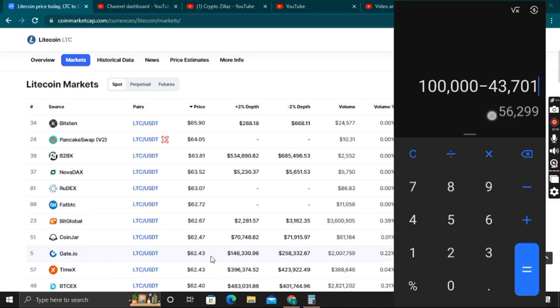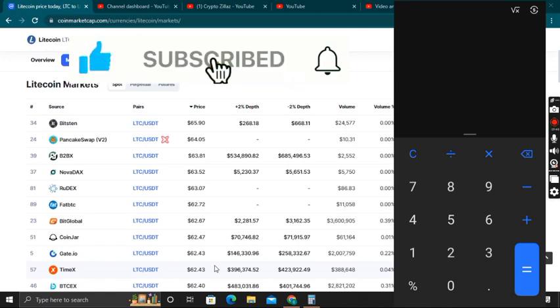Or let's do it the other way around: let's divide by this amount to see how many Litecoin we're buying in total. So we can buy 2.288 Litecoin from 100,000 naira.